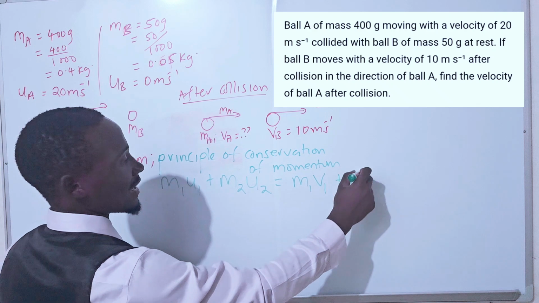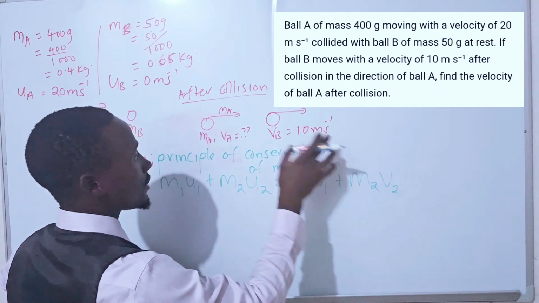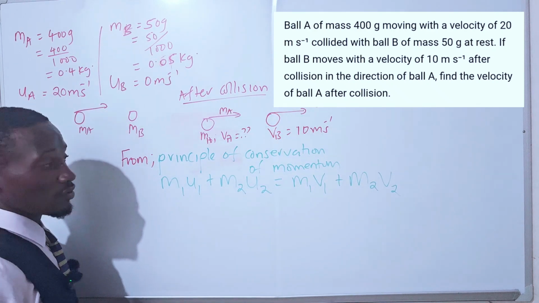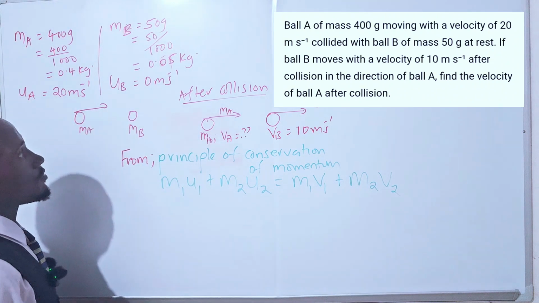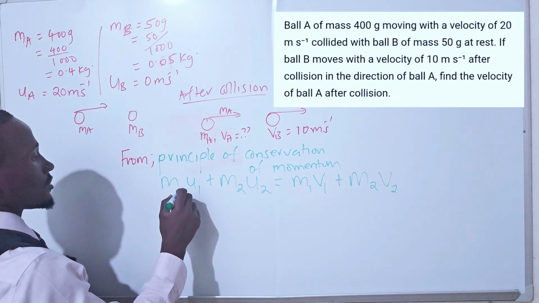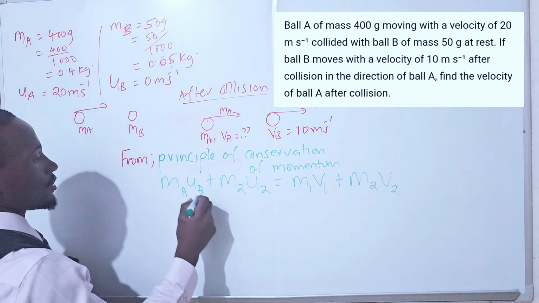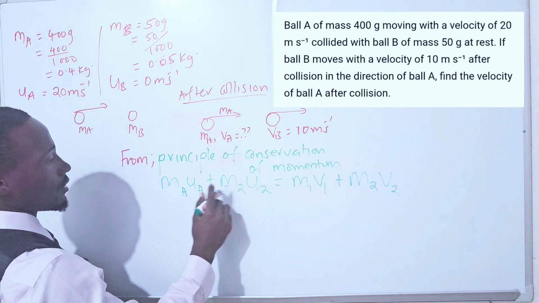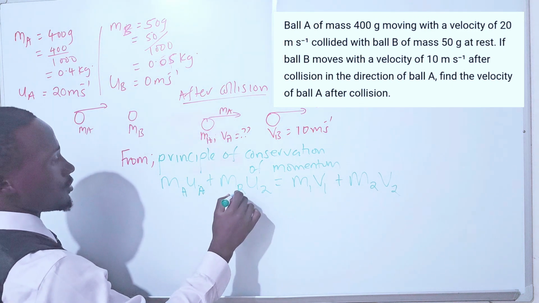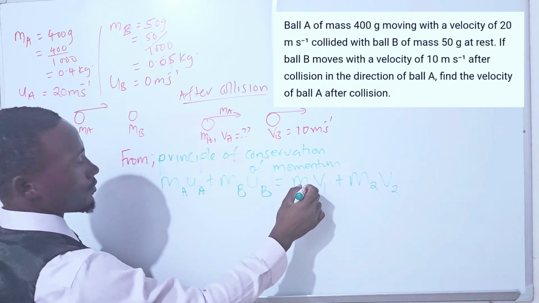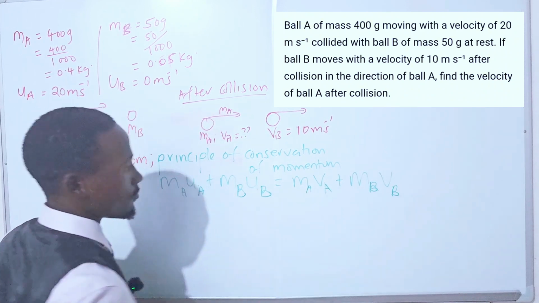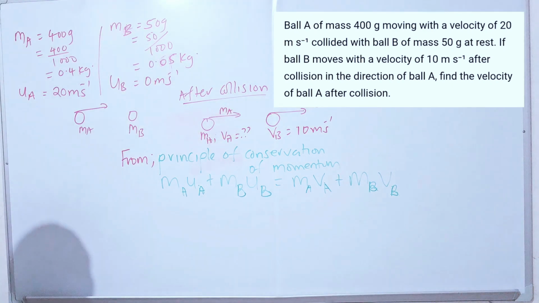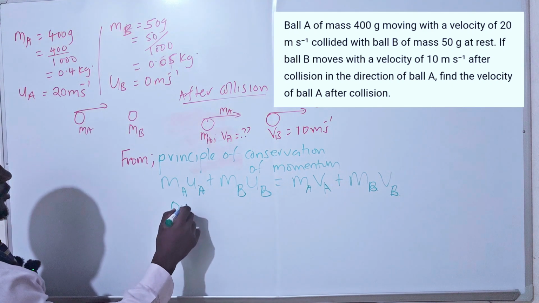Because this is an inelastic collision, the bodies are separated after collision. This is v1, this is v2. Let's substitute and see. So this is MA UA plus MB UB equals MA VA plus MB VB.